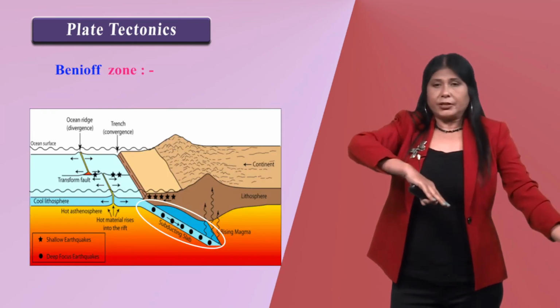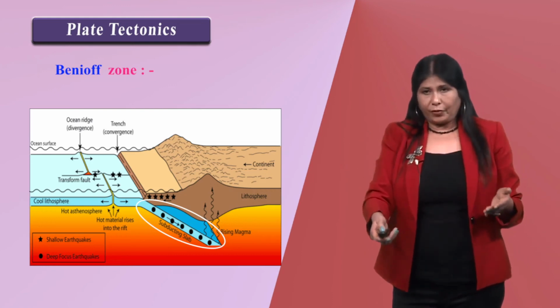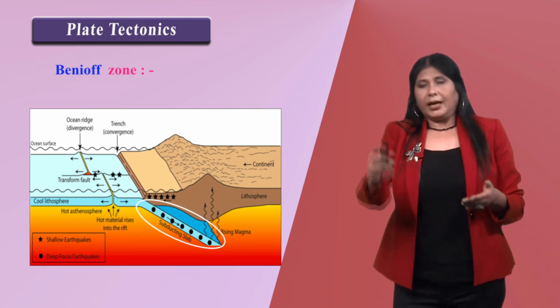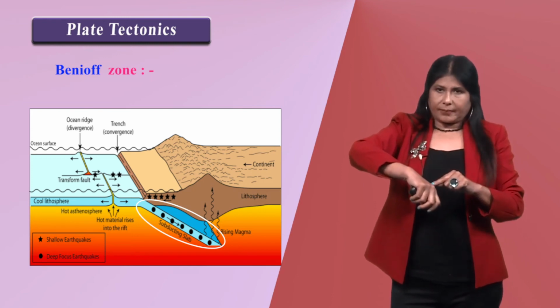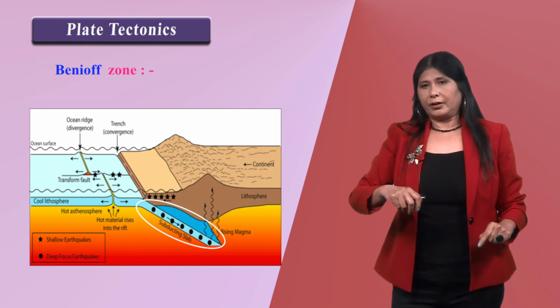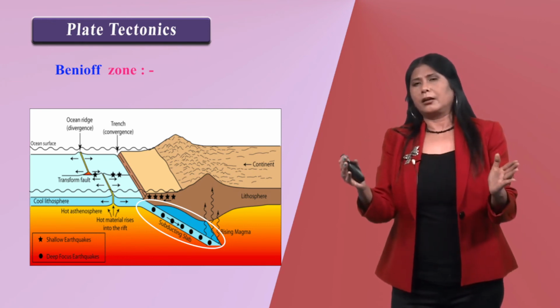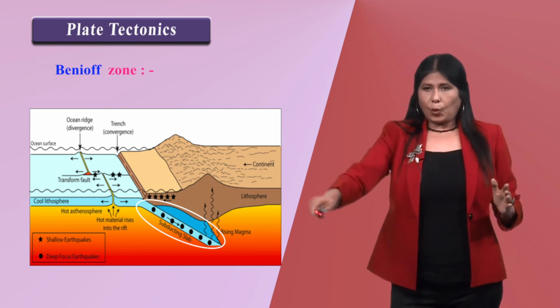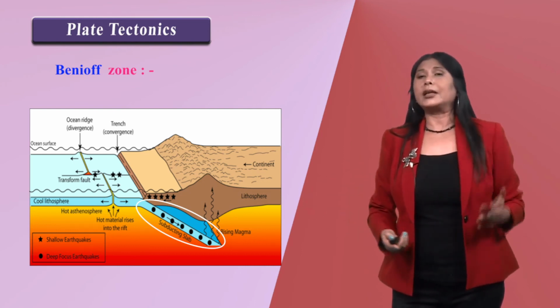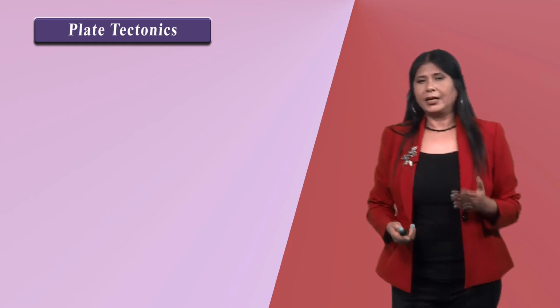Below that there is no earthquake. So if we look at this picture, we see the earthquake epicenters deeper and deeper, and somewhere after a few kilometers it disappears. This whole active zone is what we call the Benioff zone.